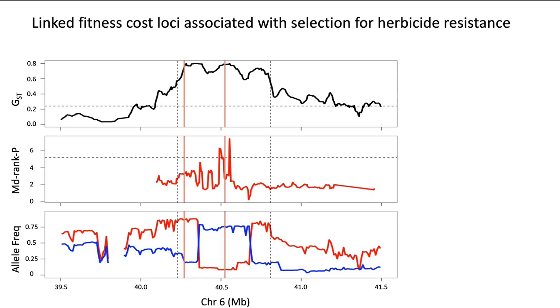So if we look here at the allele frequency map, we see that if the resistant population carries allele 1, the susceptible population carries the alternate allele in this location.